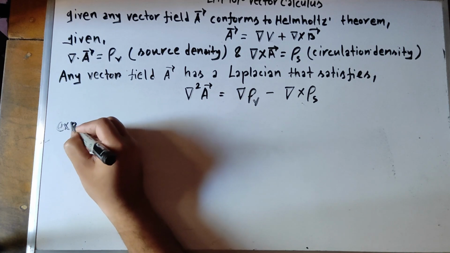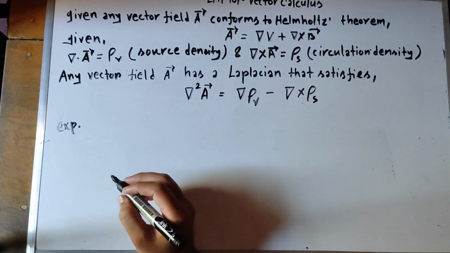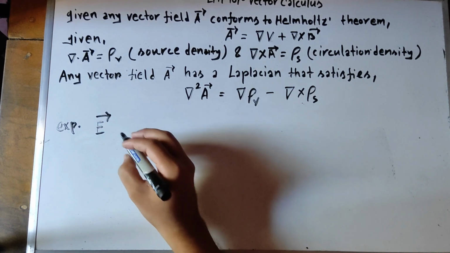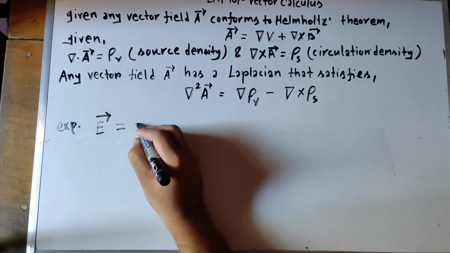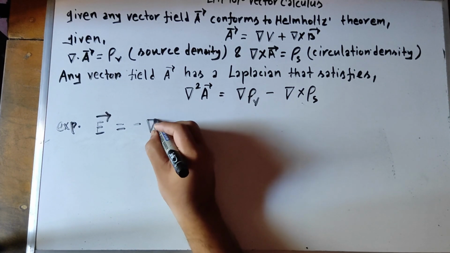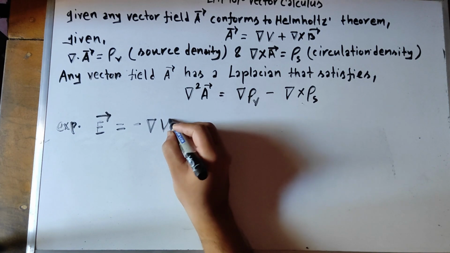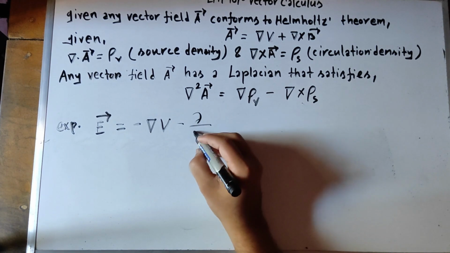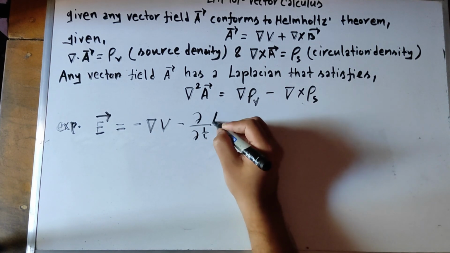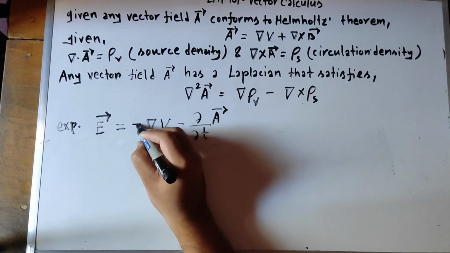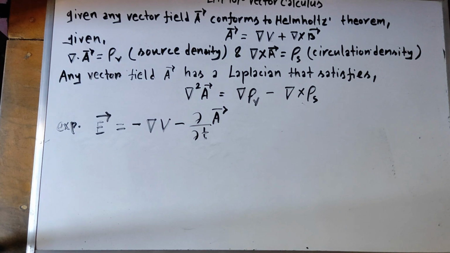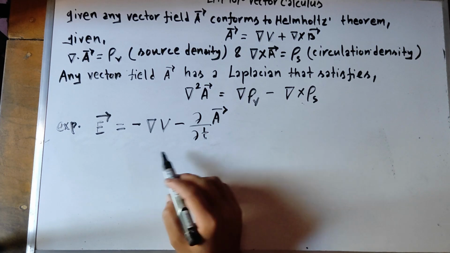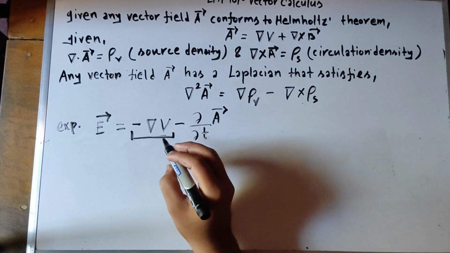So for example, the electric field can be decomposed into two distinct parts. So this is the decomposed form of an electric field. So this is curl phi.